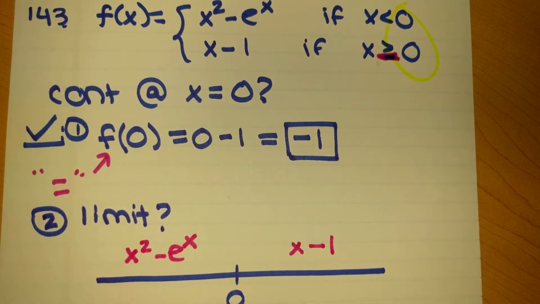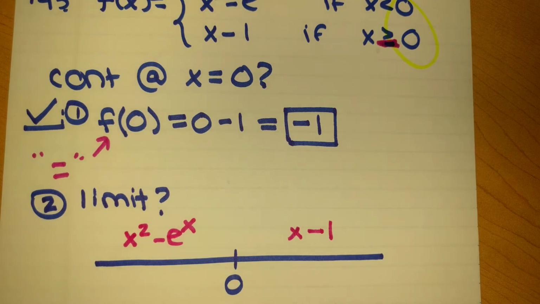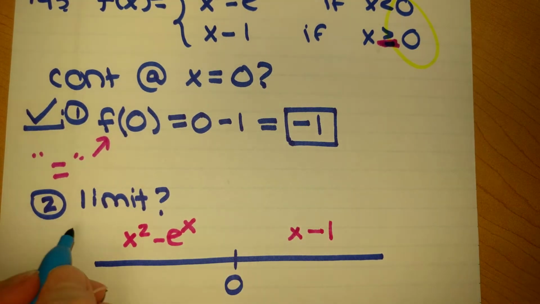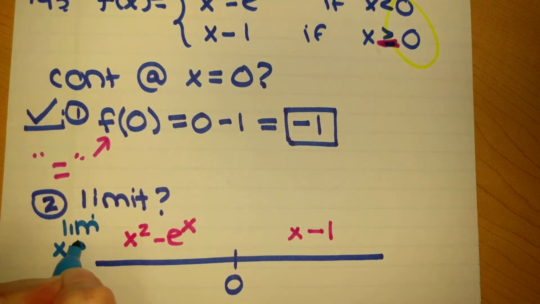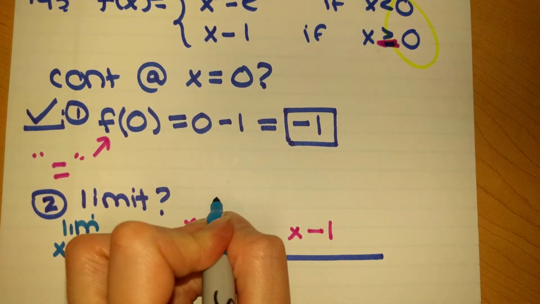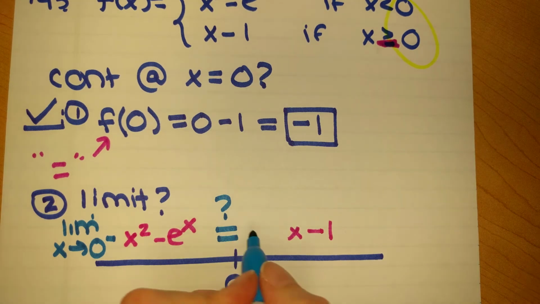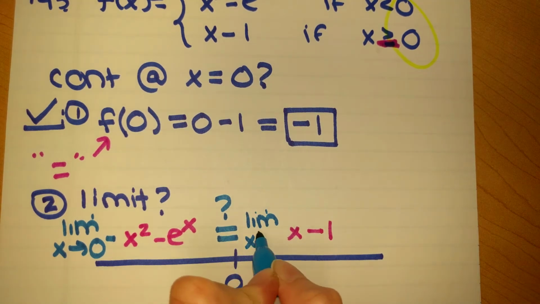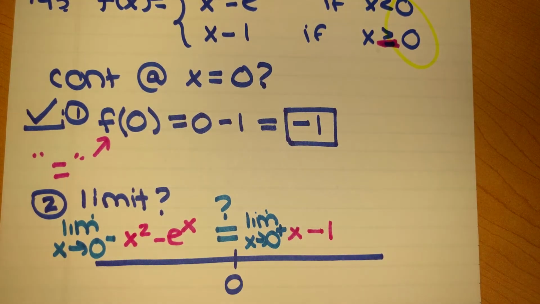Now, if this two-sided limit is going to exist, we need the limit as x goes to 0 from the left, which will be defined by this piece, to be equal to the limit as x goes to 0 from the right, which will be defined by x minus 1.